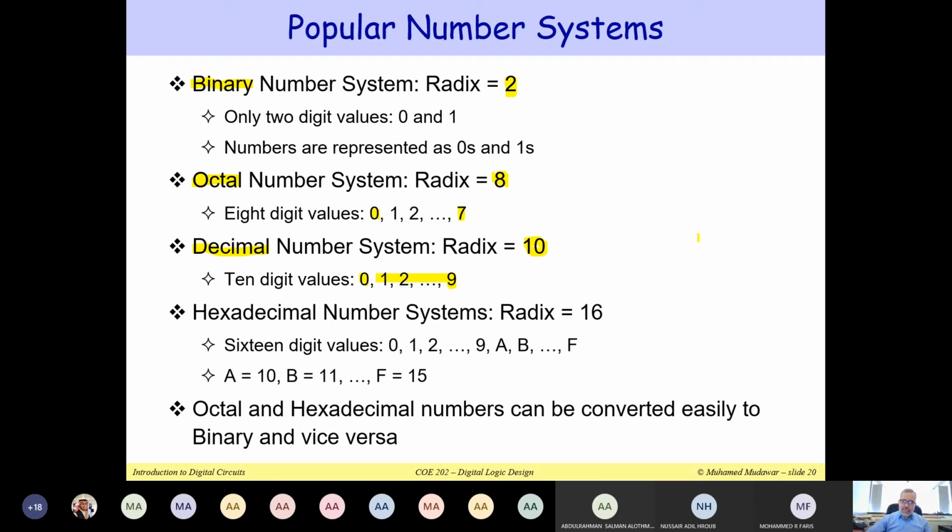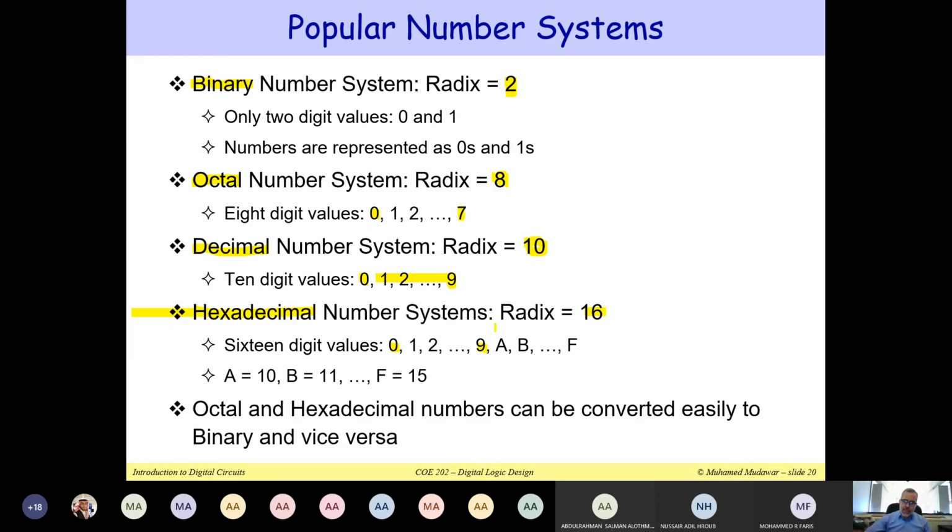In the case of 16, we call it the hexadecimal number system, which means that the radix is 16. We use the first 10 digits from decimal, 0 to 9, but we need 6 more digits. There are no more decimal digits because there are only 10 of them, so we use letters as digits.